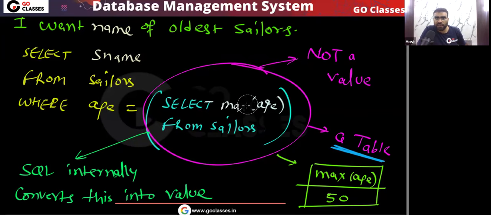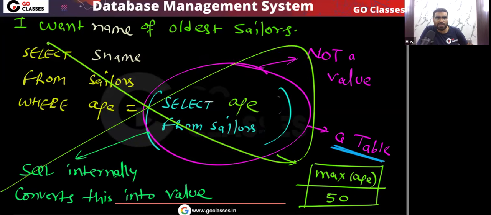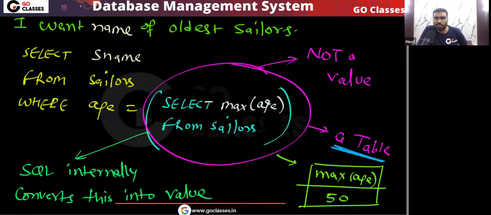If you don't have an aggregate function, if I directly put something else, then this is illegal and invalid. Because there is an aggregate function, the DBMS knows there is a single tuple, so SQL will allow this.